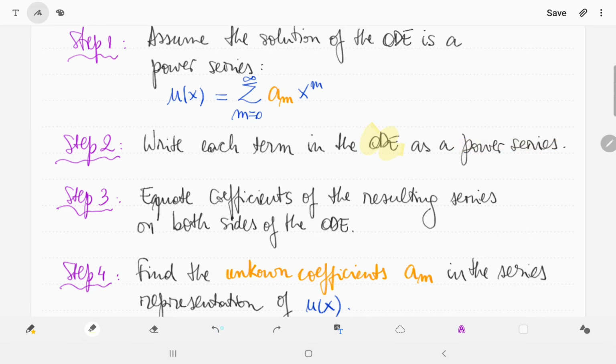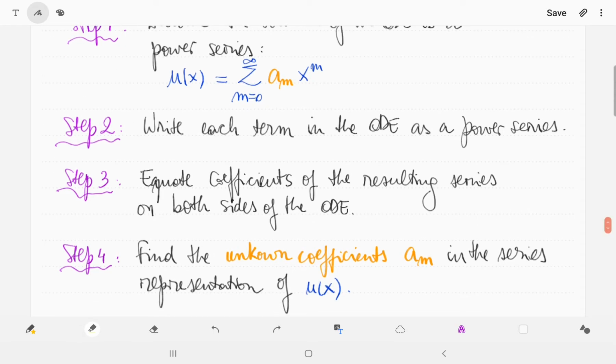Once we have that, we equate coefficients of the resultant series on both sides of the ODE. So hopefully now with the example we identify each of these steps. So I hope it's clear when we see the example. Step 4. Find the unknown coefficients am in the series representation of u.